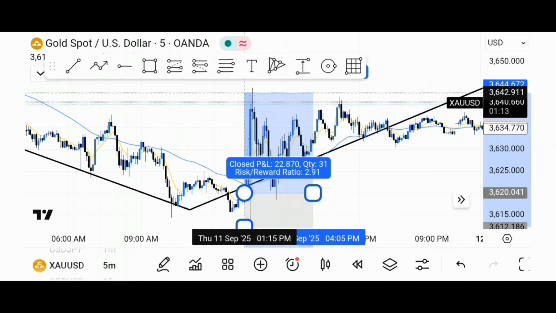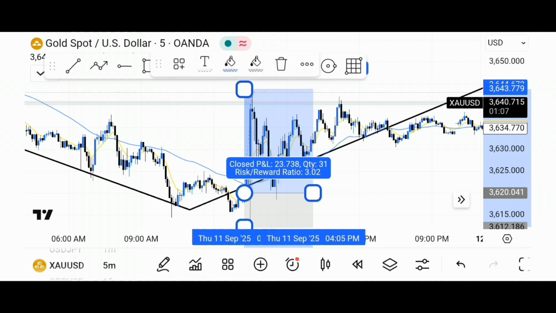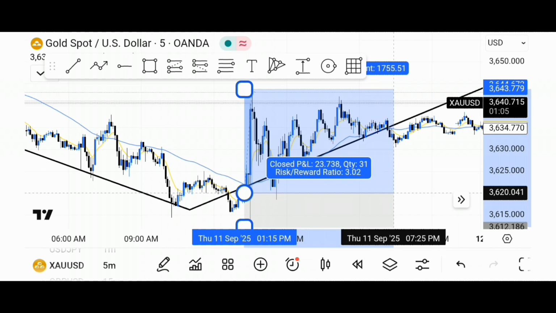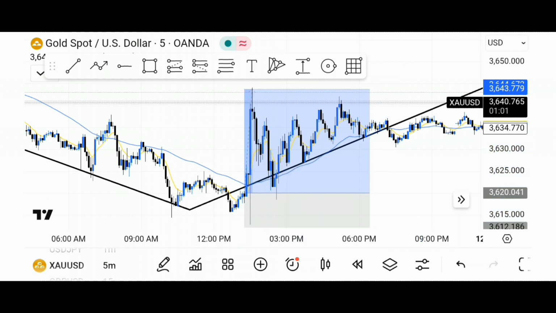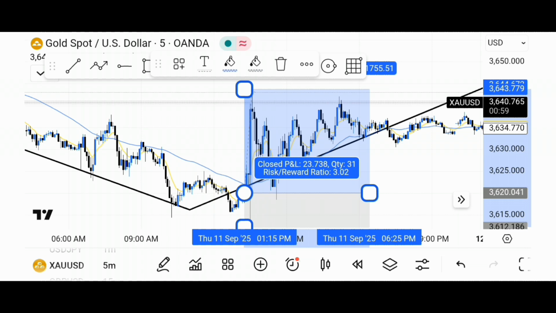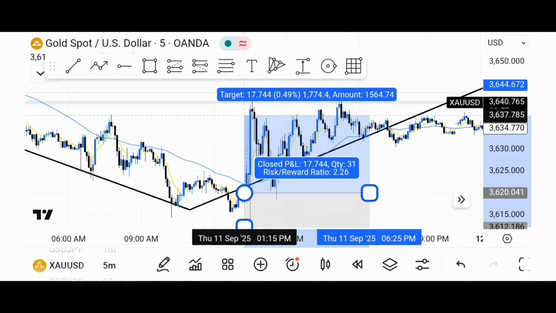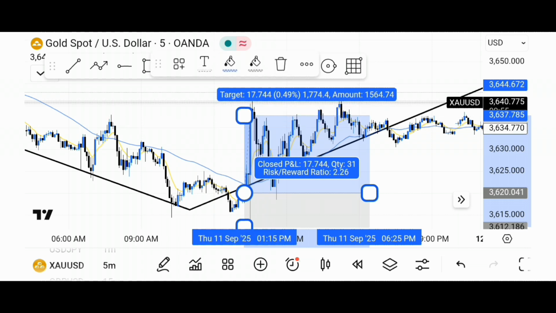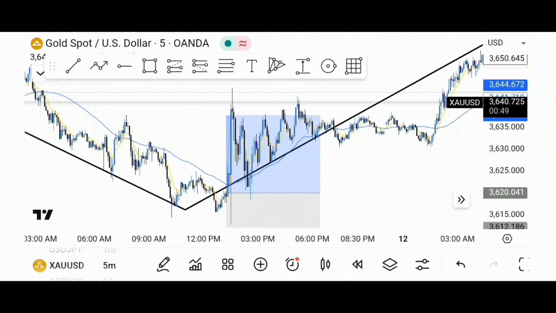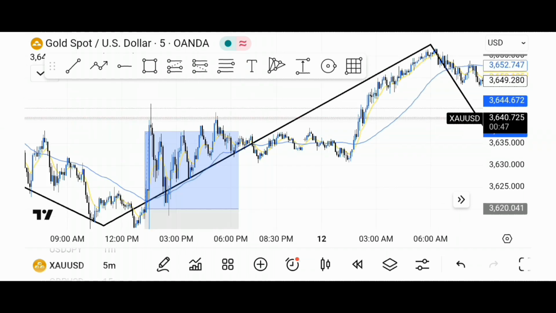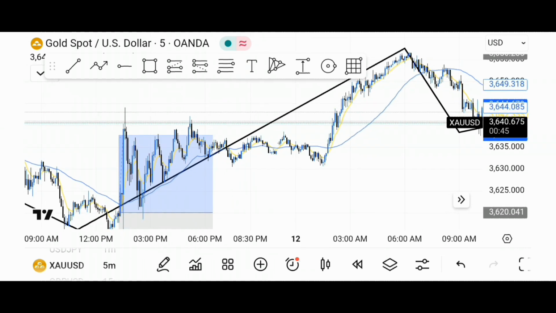So if we took this trade with just one move, let's see how many it gave us. This trade could have given us 2 RR, and even more if you are holding this trade for a very long time, because you can see that the trend continued.